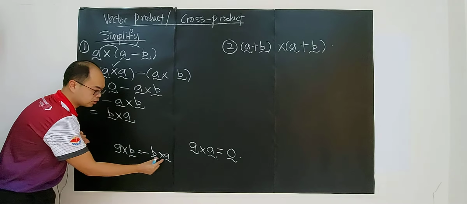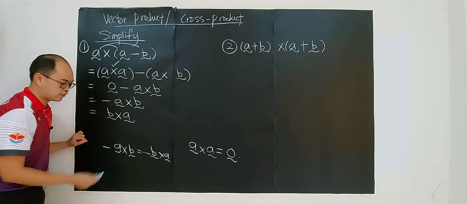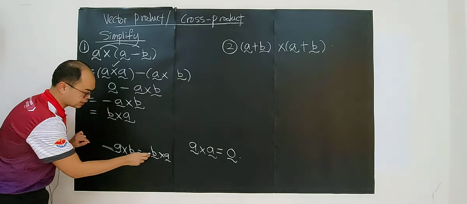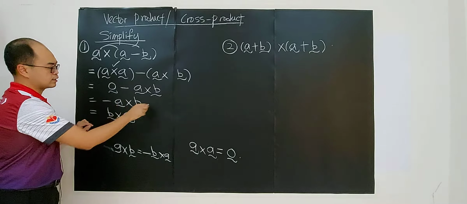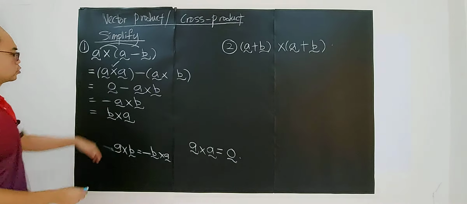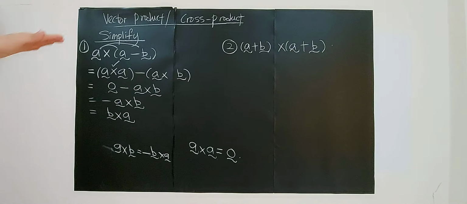I can also say B cross A is negative A cross B, or A cross B is negative B cross A. So it's okay, you can leave it in this form or this form. This is the simplification of this case here.